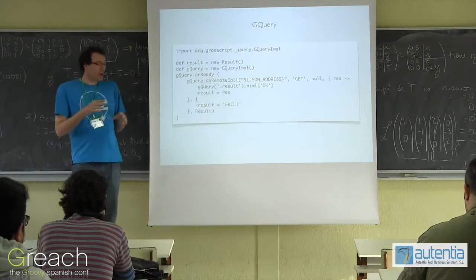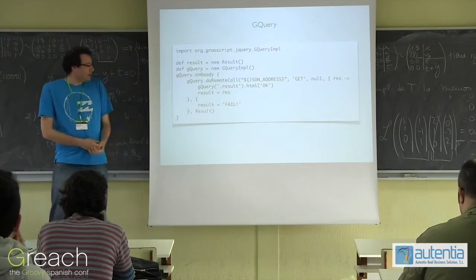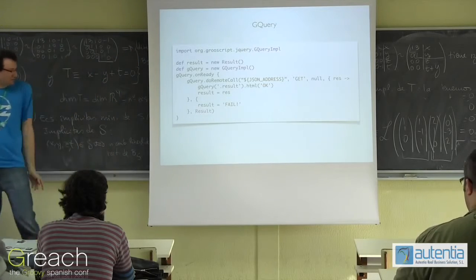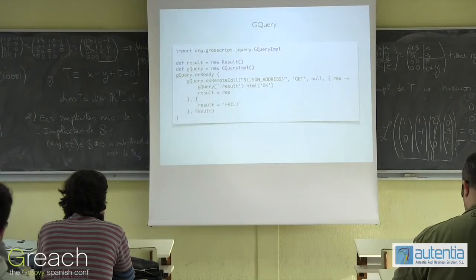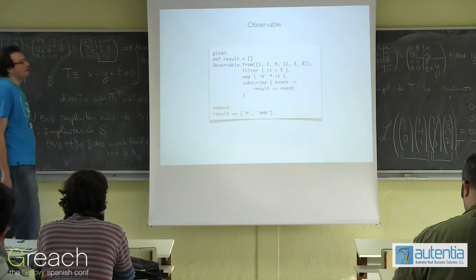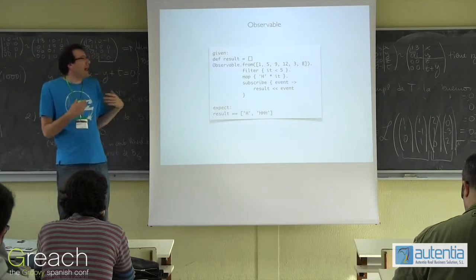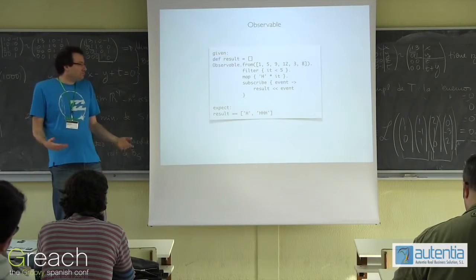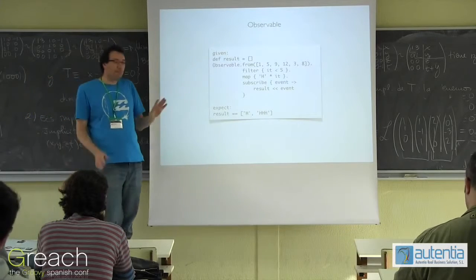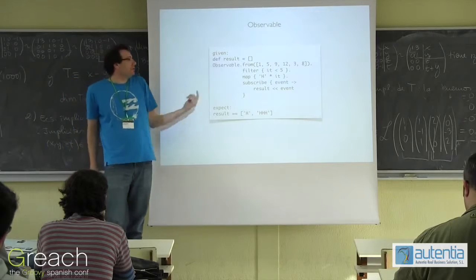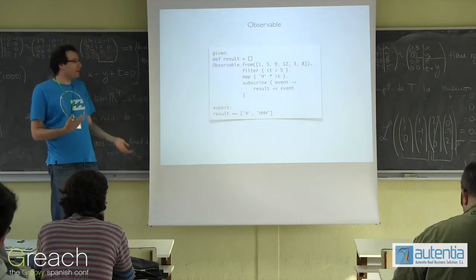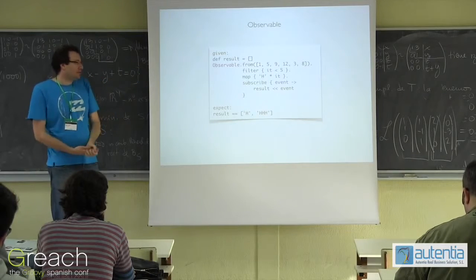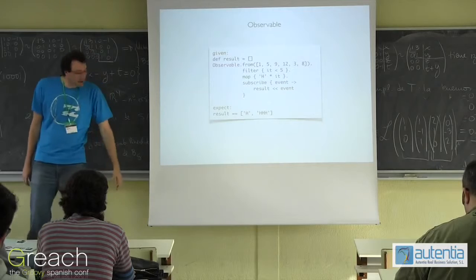Also, I have created a little wrapper around jQuery. So there are some functions, and I have created a little observable object. It's very little, just these two functions, but if you want to play with reactive things, well, you can do it in Groovy, and if you translate to JavaScript, it also works.